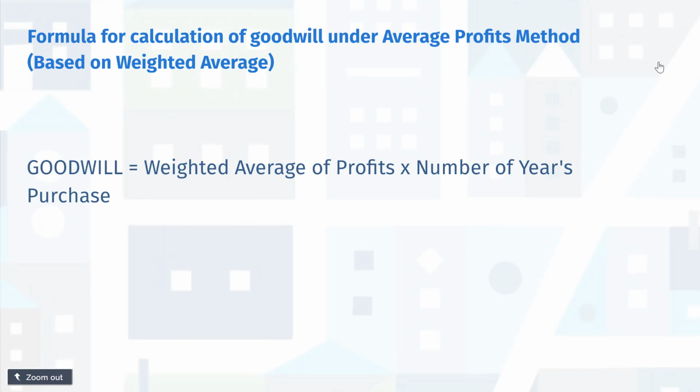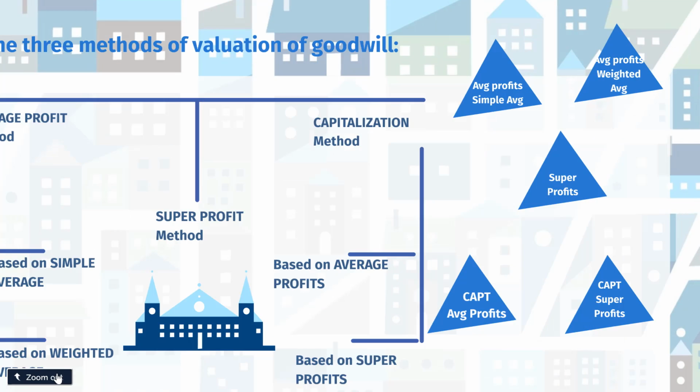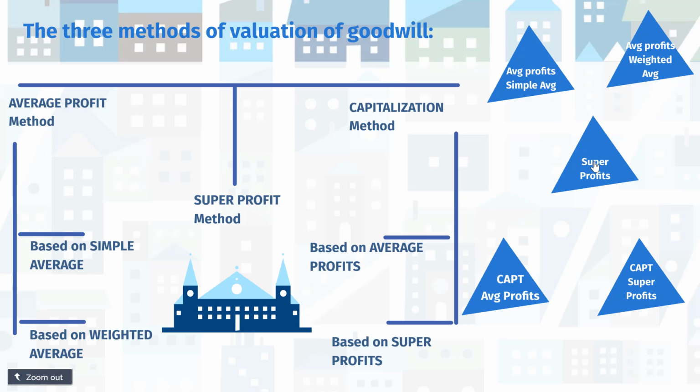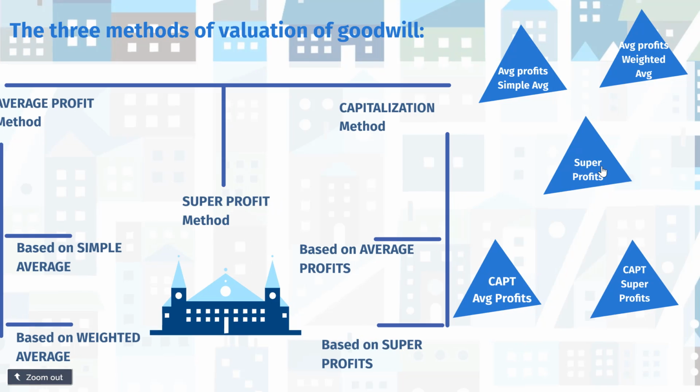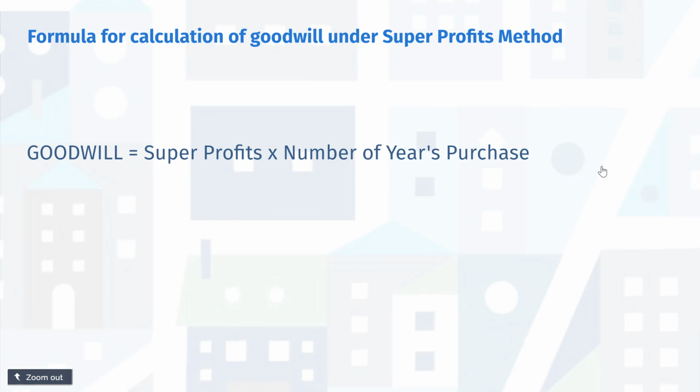In this case, goodwill is equal to weighted average of profits into the number of years purchase. Now, the second method, the super profits method. Under this method, goodwill is equal to super profits into number of years purchase.